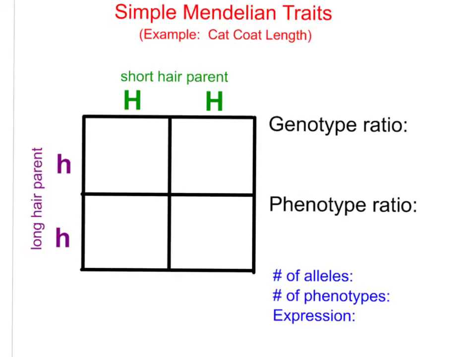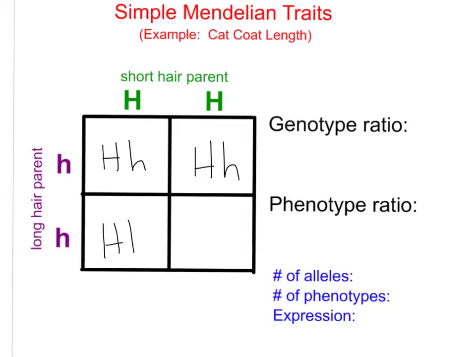When we set up our Punnett square for a simple Mendelian trait, let's have the capital H be the dominant allele for the short hair, and the lowercase h would be the recessive allele for the long hair. If we have our short hair parent on this side and our long hair parent on this side, they're both homozygous for their respective alleles, homozygous dominant and homozygous recessive.